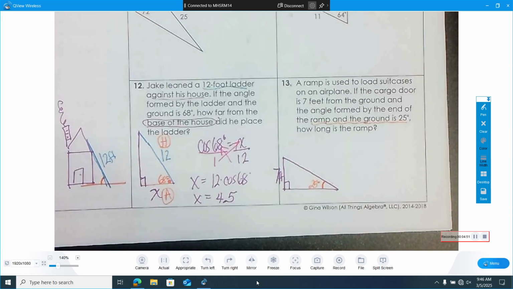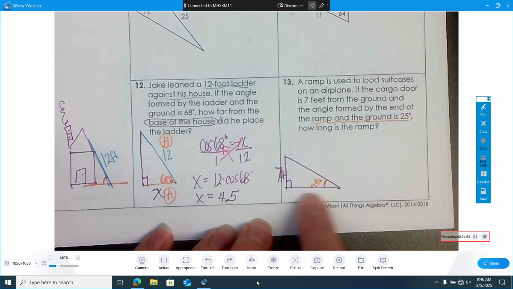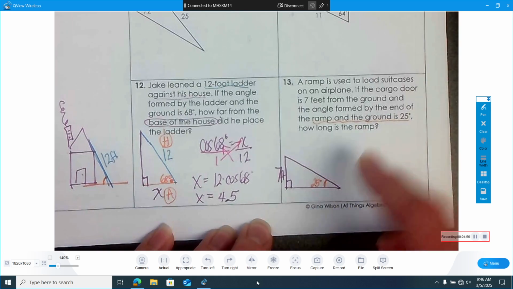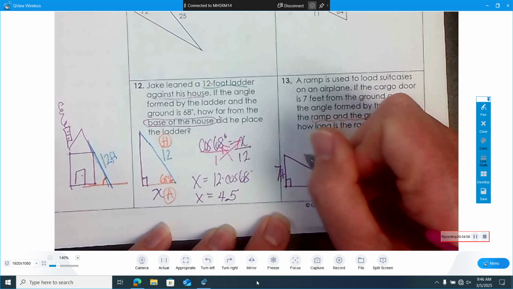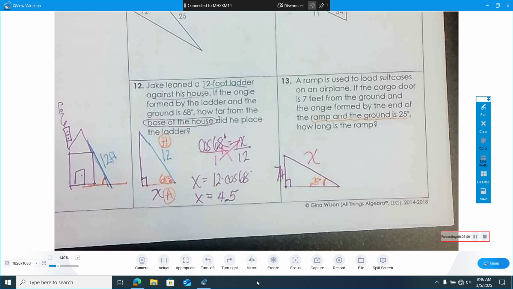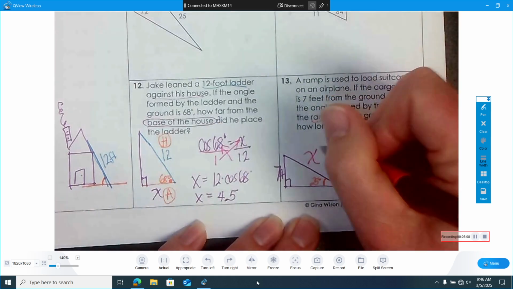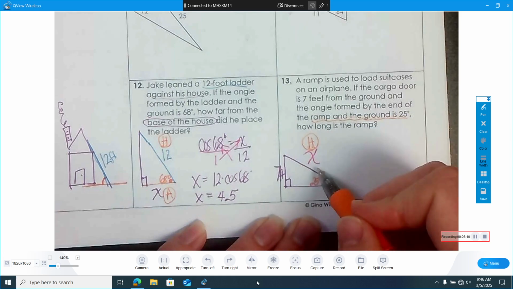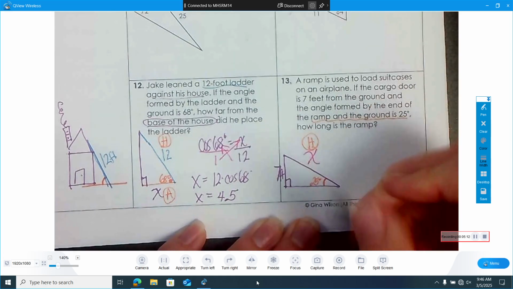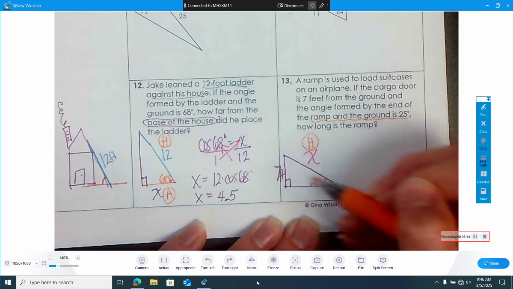How long is the ramp? Do they want to know this number, the length along the ground? No, they want to know this hypotenuse, the length of the ramp. So again, reading very carefully. Now we have our angle here, and I know that this is the hypotenuse, and the 7 would be then opposite our 25-degree angle.